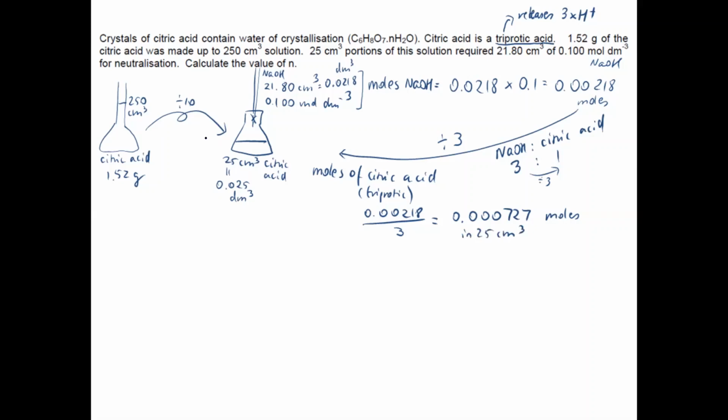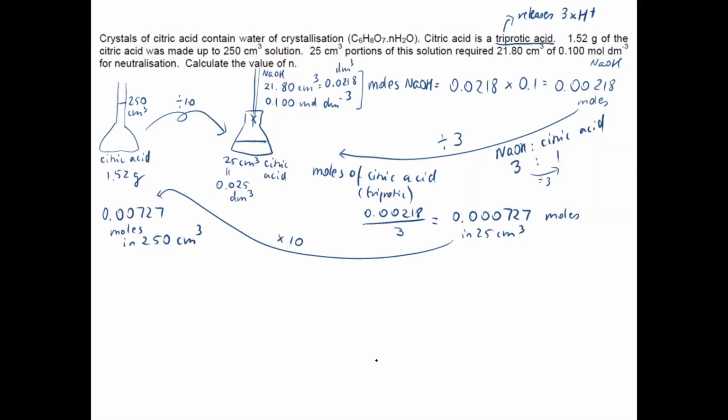But originally we had 250, so you need to times it by 10, because we divided by 10 going from 250 to 25. So we get 0.00727 moles of citric acid in 250 centimeter cubed, my initial volumetric flask. That's why I like to have everything laid out visually.